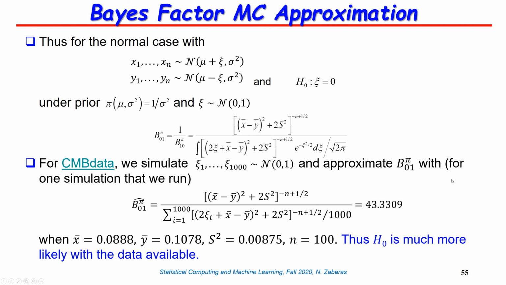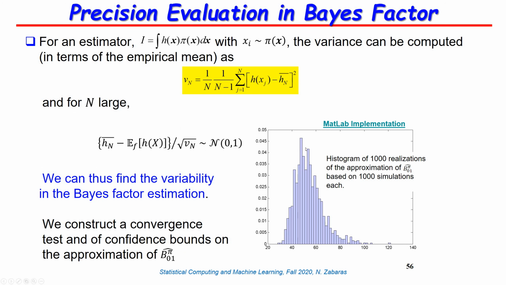from this standard Gaussian, and if you do this, you can get a histogram of the Bayes factor, and so you can discuss error bars and other moments as is of interest.